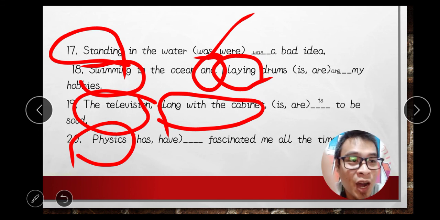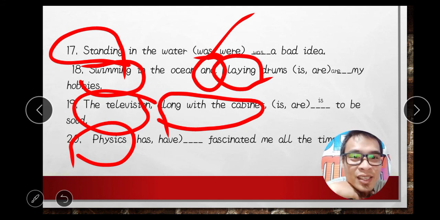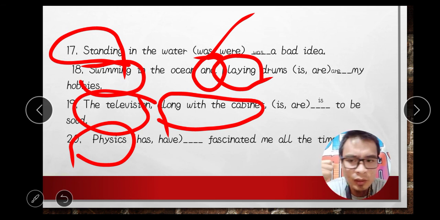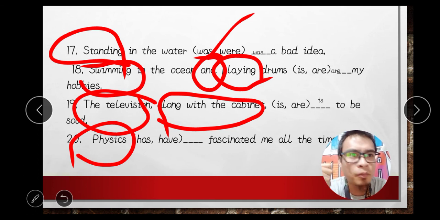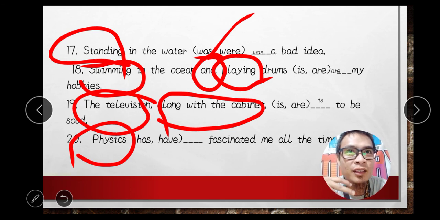Now, a noun that looks plural in its form because it has S, of course, physics, like that of news, like that of missiles. Other examples?